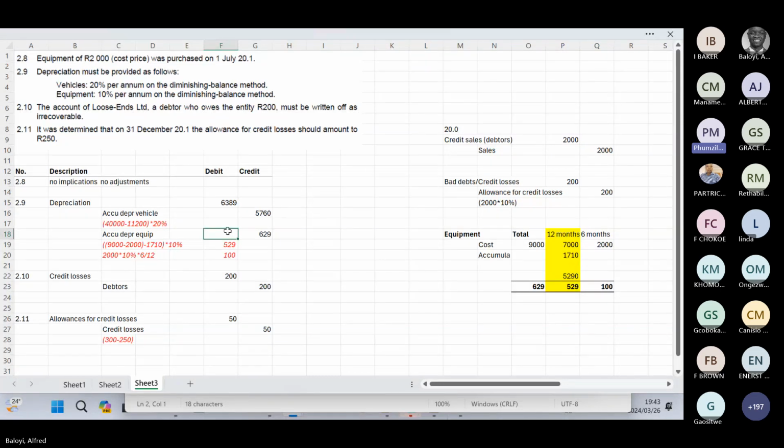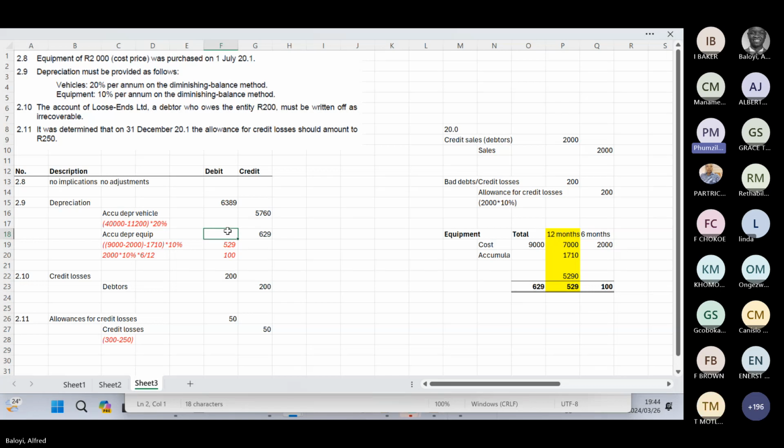If you did not make the revision for us and a solution, I was going to think that 2.8 is a different transaction that needs to be calculated, and then 2.9 is also separate from 2.8. Maybe when you are on a test, that's a mistake someone can make, because you would think they are two separate. You need to calculate the depreciation only and then the equipment only.